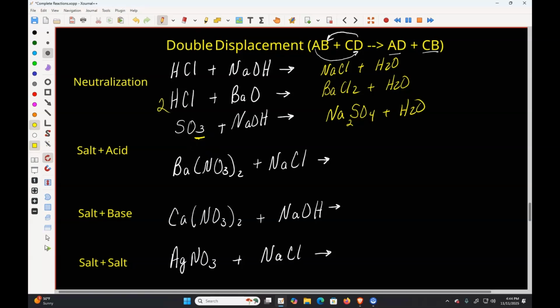So I have a salt plus an acid. It's going to yield another salt and another acid. So it's going to be barium chloride plus sodium nitrate. Salt plus a base will give you salt plus another base.